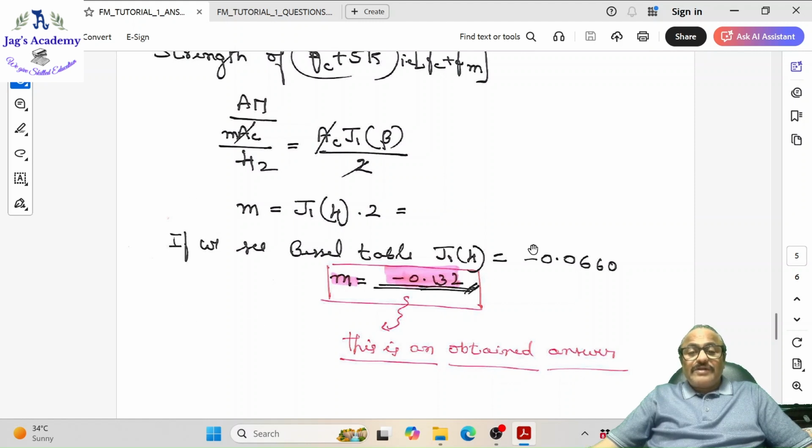Of course the modulation index comes out negative here. Don't worry, just put the answer. If you take the magnitude spectrum of the AM wave, then it is going to be positive. Don't worry, put the answer as it is.